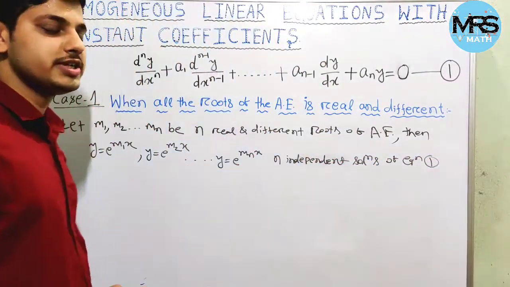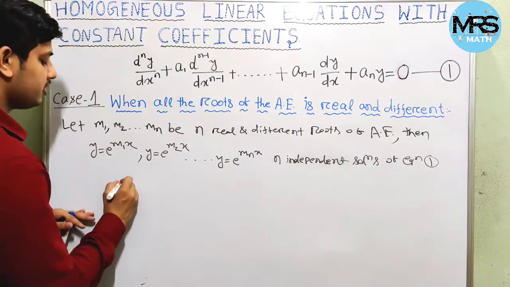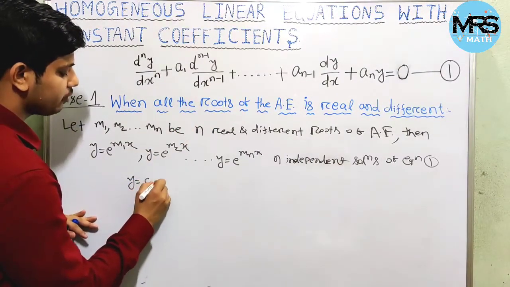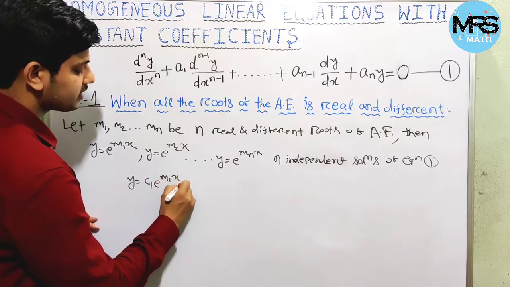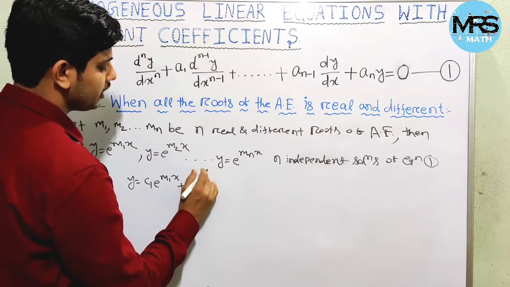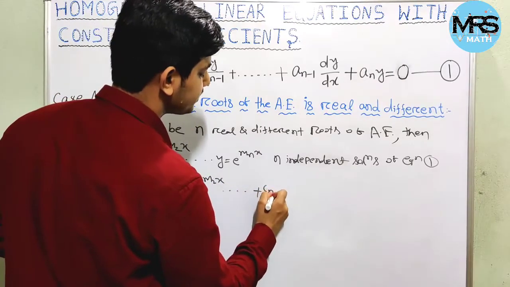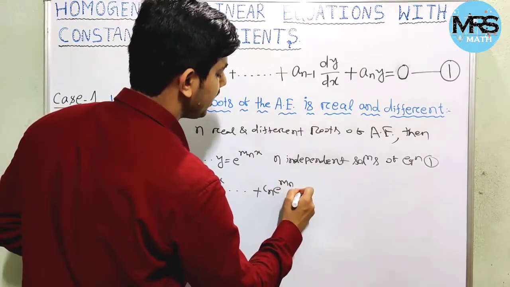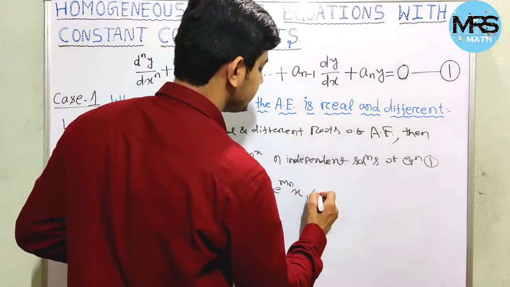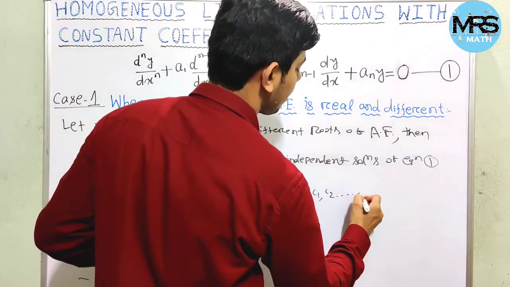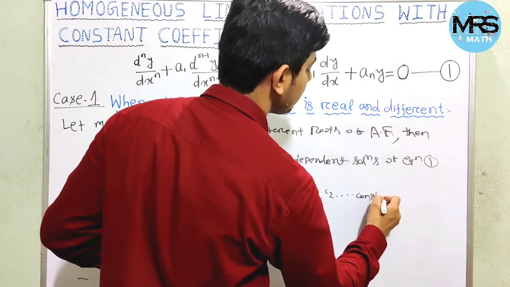So the general solution of equation 1 will be y equal to c1 e^(m1 x) plus c2 e^(m2 x) plus ... plus cn e^(mn x), where c1, c2, ..., cn are constants.